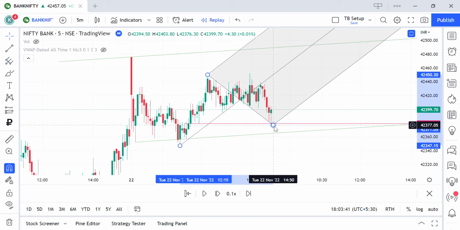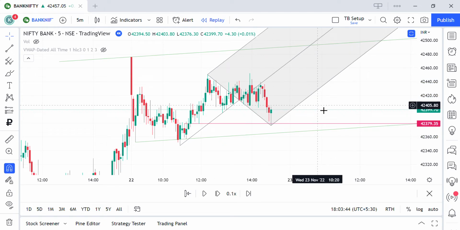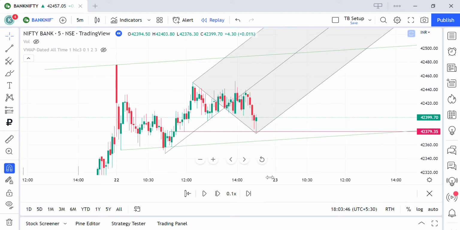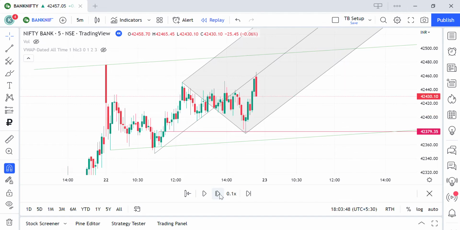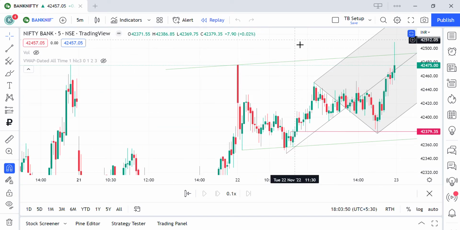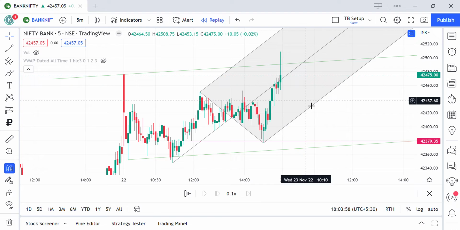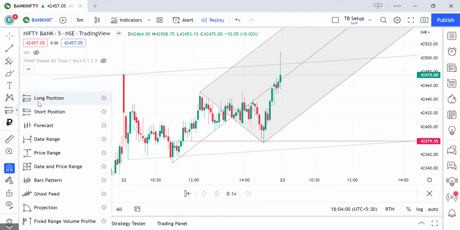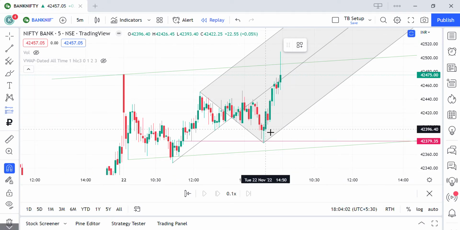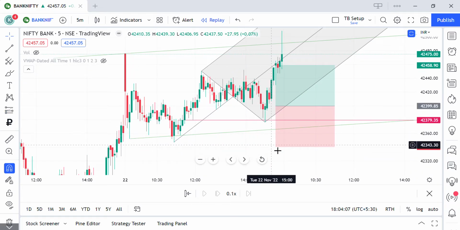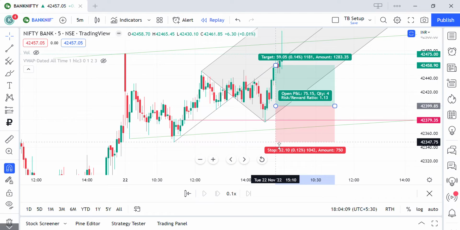Let us see how price behaves further now. Price has clearly touched that level, and obviously a good opportunity to enter the market. If you look at this trade in terms of risk reward ratio, assume this is a stop loss.